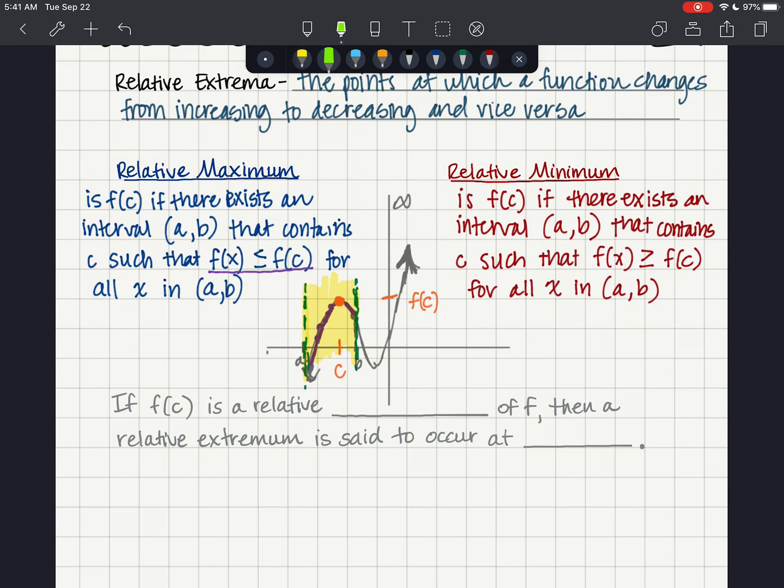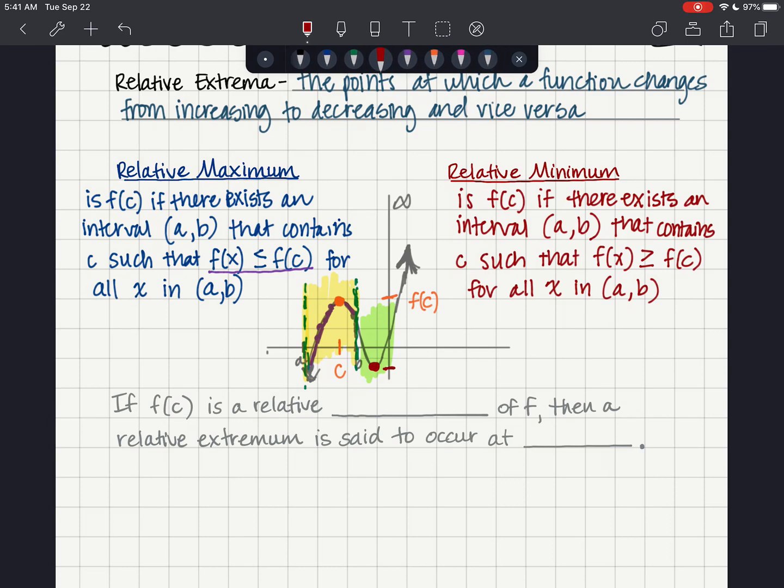Okay, and the same would be true in this region, not a relative maximum, but a relative minimum. And this would be the location of your relative minimum. However, your minimum is actually just the y value. So let's get back to business over here.